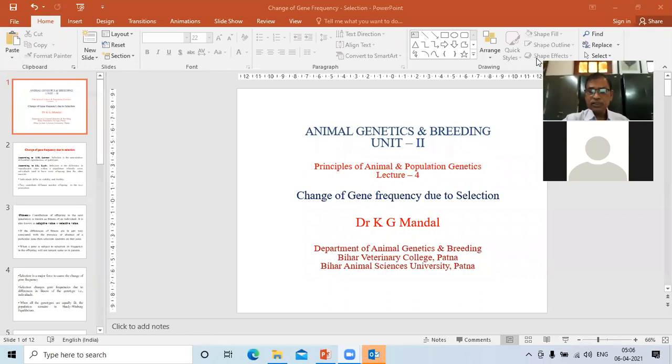After this, we shall see how the change of gene frequency takes place in a small population due to sampling, that is the dispersive process. So let us see how the gene frequency changes due to selection.